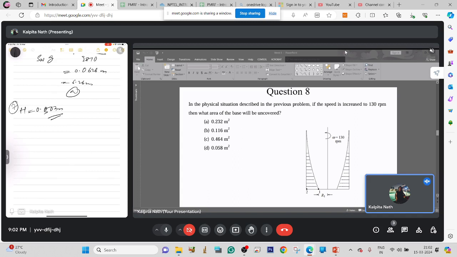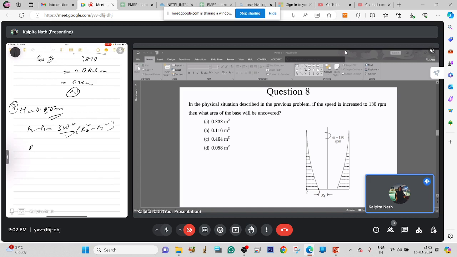So let R1 be the radius where the free surface meets the base, as shown in the figure. The pressure difference between points 1 and 2 will be P2 minus P1 equal to rho omega square upon 2 times (R square minus R1 square).